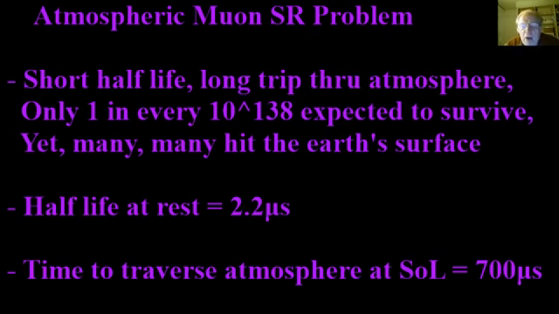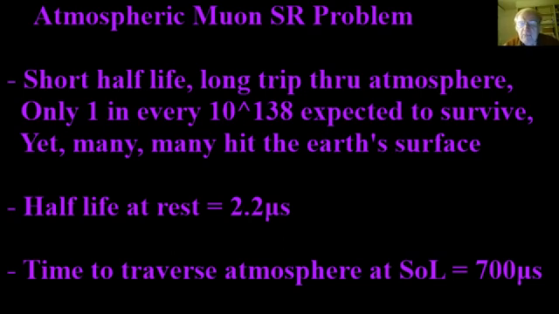This creates a problem for special relativity's time dilation, because muons have a short half-life before they disintegrate or decay. But there's a long trip through the atmosphere, so it would take a long time in terms of a half-life. So only 1 in every 10 to the 138th, which is a humongous number, are expected to survive.